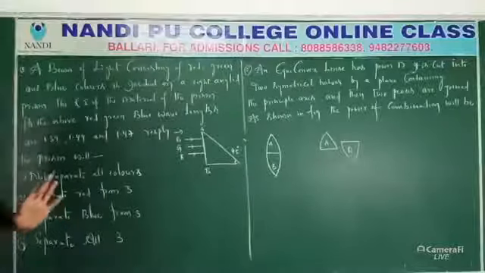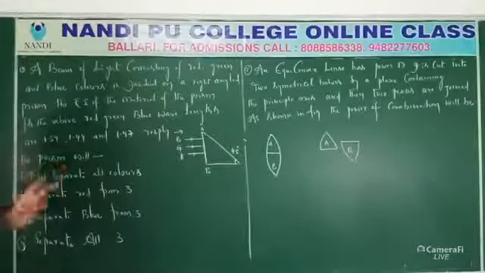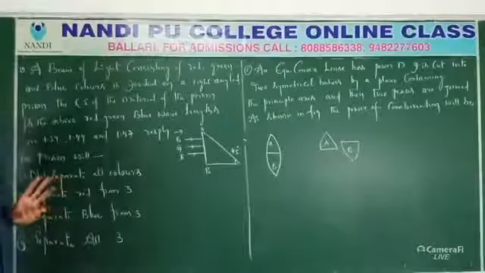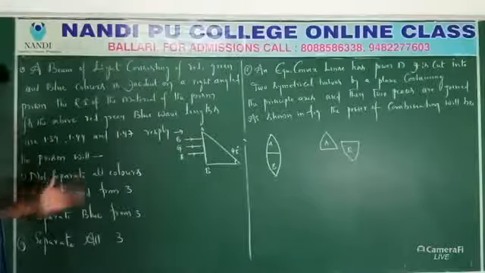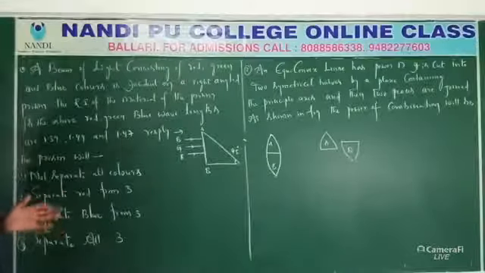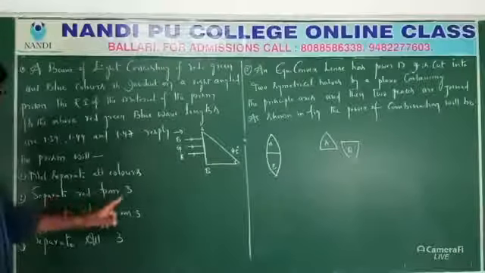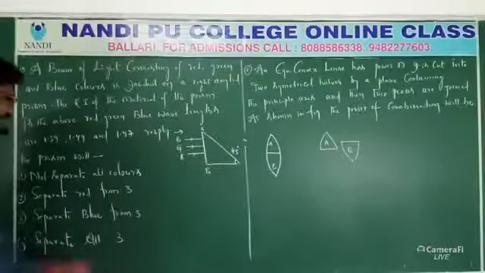Then the prism will be... Four options are given: not separate all colors, separate red from the three colors, separate blue from the three colors.